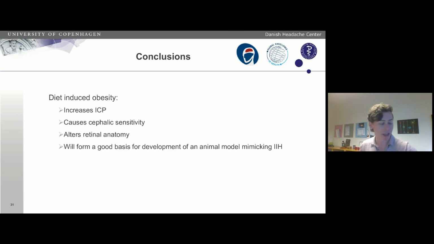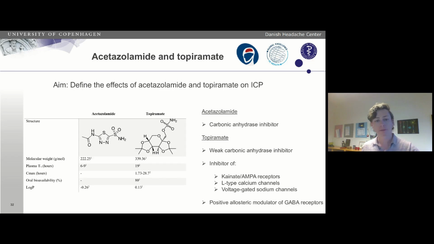Think how many groups are looking at obesity in the world. So how many rodents are actually walking about with raised intracranial pressure, decreased pain thresholds, and altered retinal anatomy? This is quite possibly a big confounder in a lot of experiments. Should it be replicated by others?